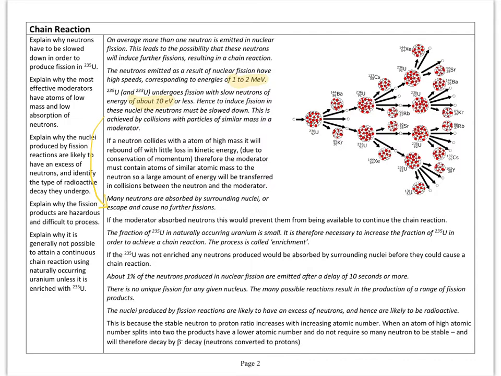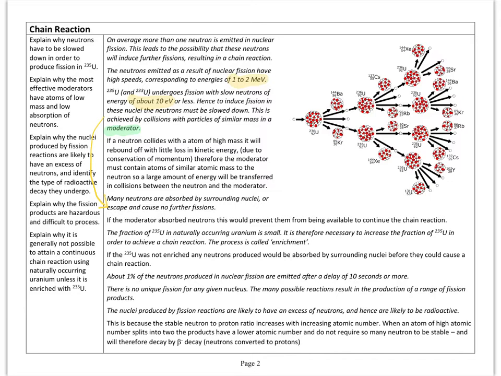So, how do we slow them down? To slow down our neutrons, we need to add a moderator. A moderator is something that we add to this system that the neutrons can collide with. In colliding with those, they can lose energy.